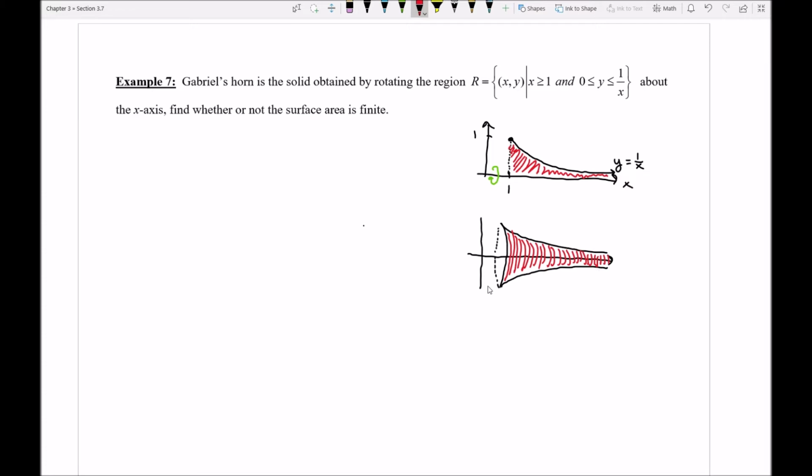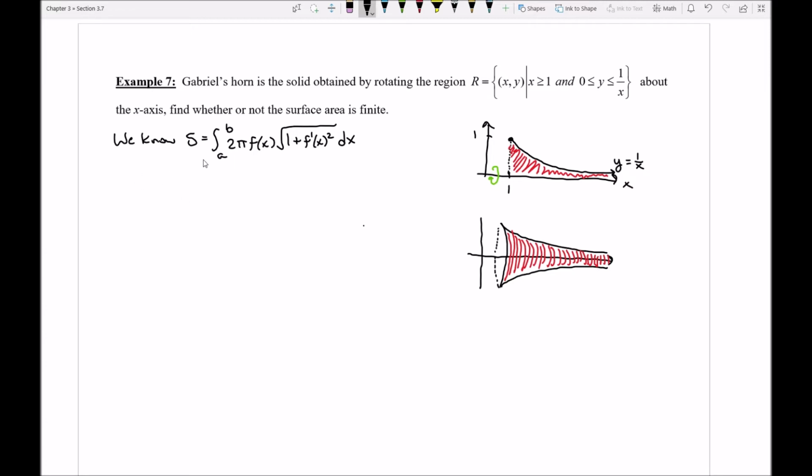Well, I could first go back and think about how I calculated surface area back in the first chapter. So we know that to find surface area, we typically integrated from a to b. We had a 2 pi times our function, and then we had this arc length piece, which was the square root of 1 plus the derivative of our function squared, dx. But we had to meet some conditions, right? We had to be working with a function that was non-negative, and we also had to have a function with a continuous first derivative on the given interval.